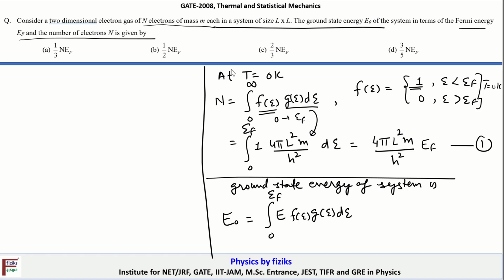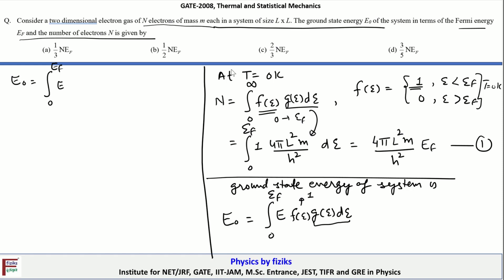So you have to remember this expression for the evaluation of this quantity. After substituting, up to Ef the distribution function has a value of unity. GE dE is known to us, so we can quickly obtain the value of E0, that is equal to the integral from 0 to Ef of E multiplied by GE dE.